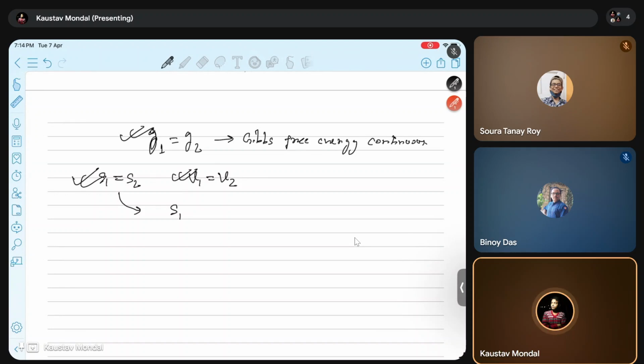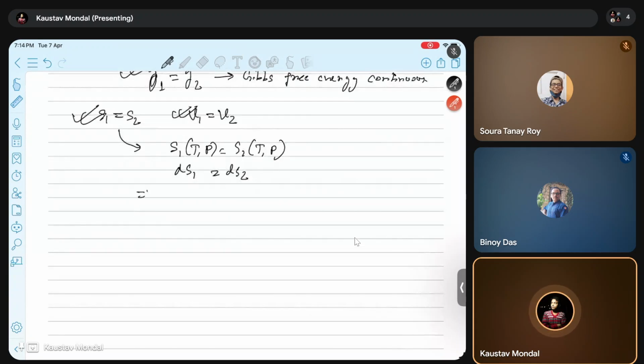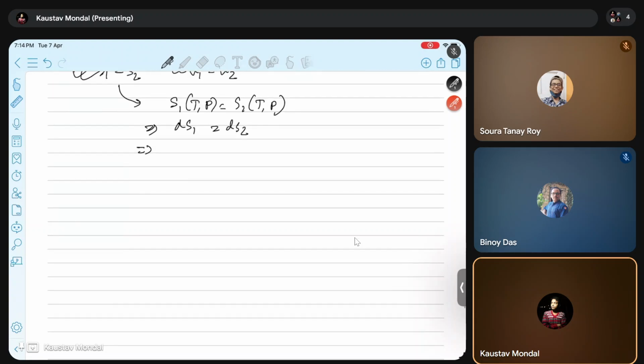So S1 at T comma P equals S2 at T comma P. Now from here, if you do a small variation, dS1 equals dS2, and by using the total derivative of dS1 in terms of temperature and pressure, and using some Maxwell relations, you will end up with this relation: Cp1 minus Cp2, into T, equals minus TV times alpha2 minus alpha1 into dP. Here alpha2 and alpha1 are the volume expansivities at phase 2 and phase 1.